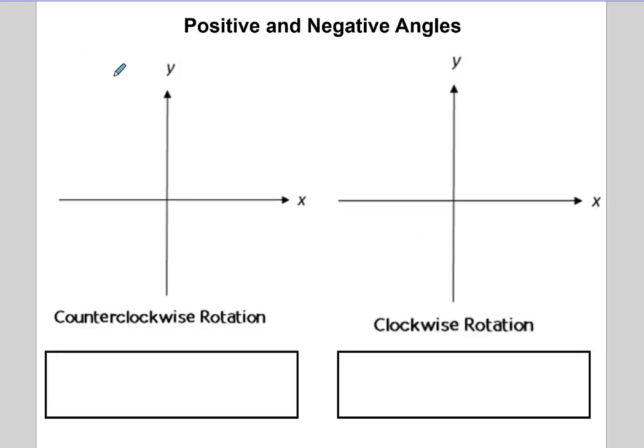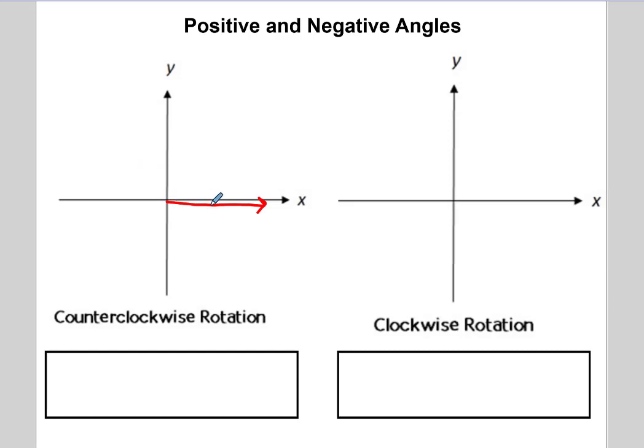We have positive angles when the rotation is counterclockwise, and we could sketch one here on our coordinate plane. And then we have negative angles when the angle of rotation is clockwise.